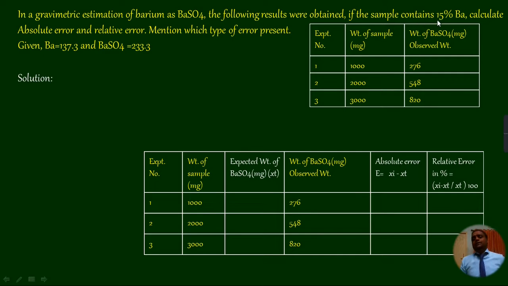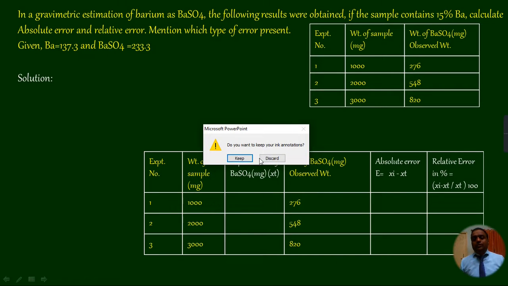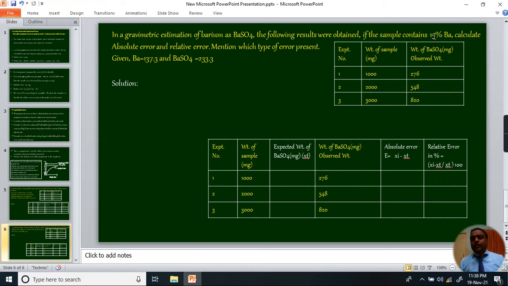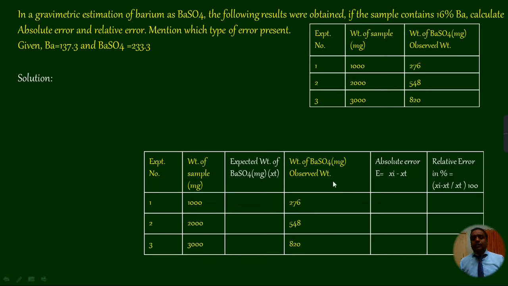If the sample contains 16% of barium, calculate the absolute error and relative error.